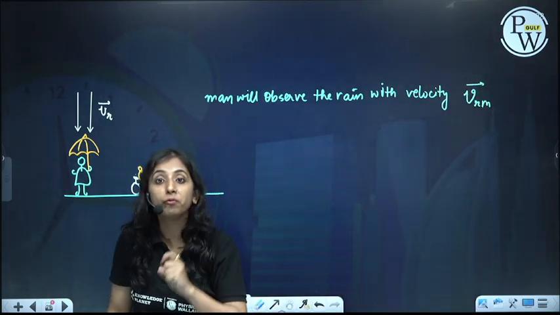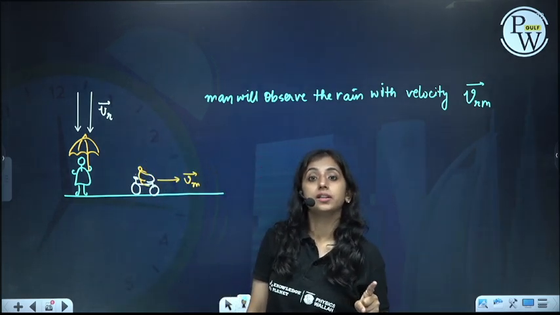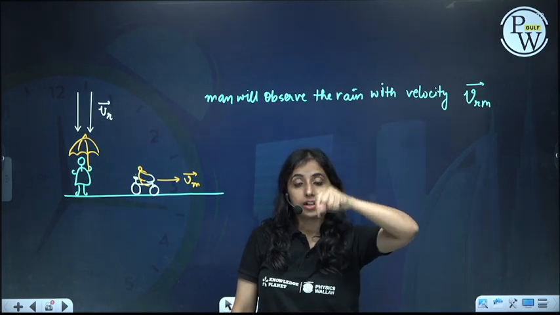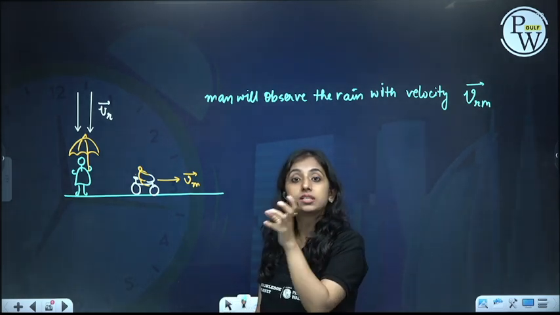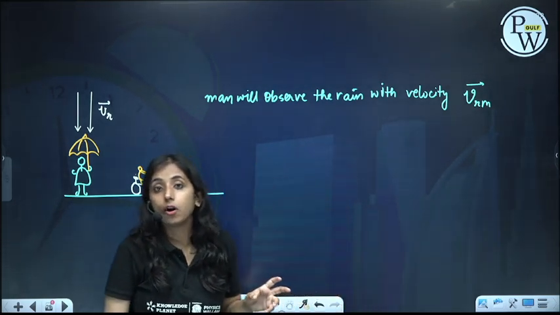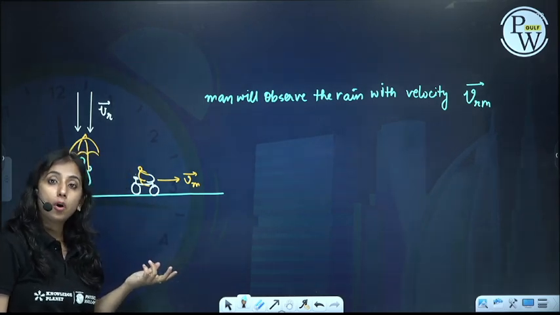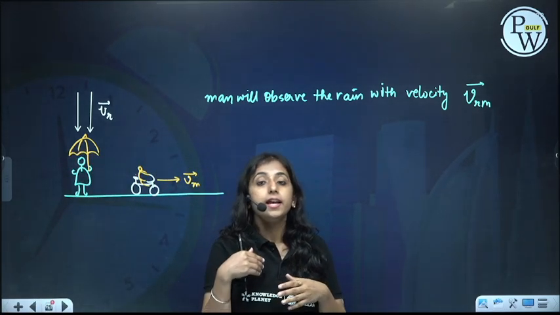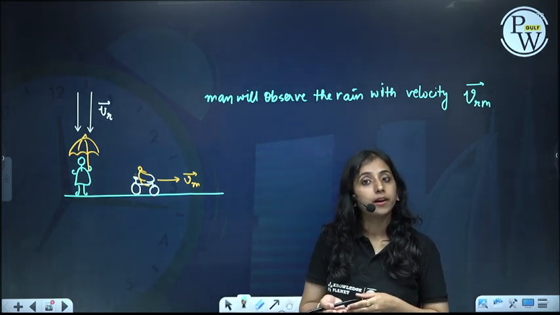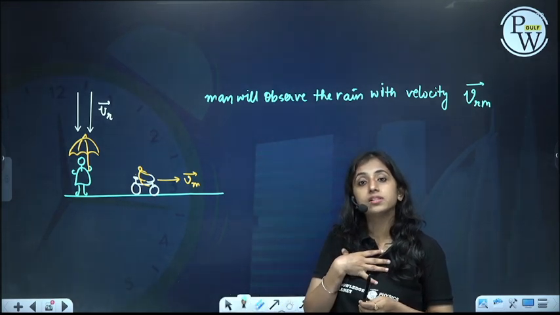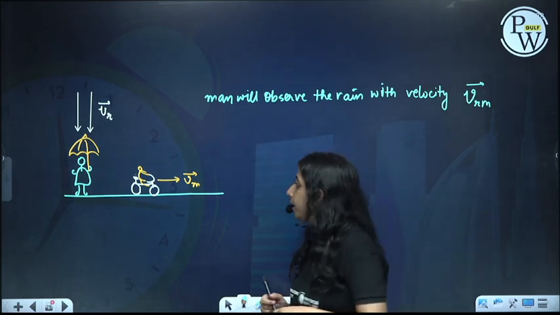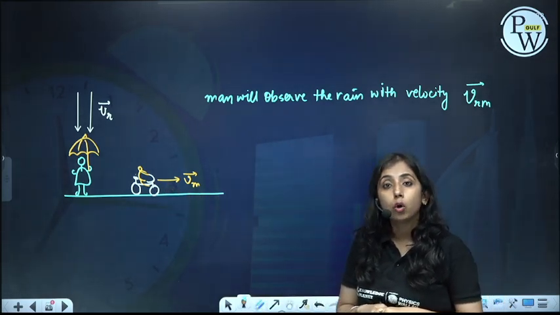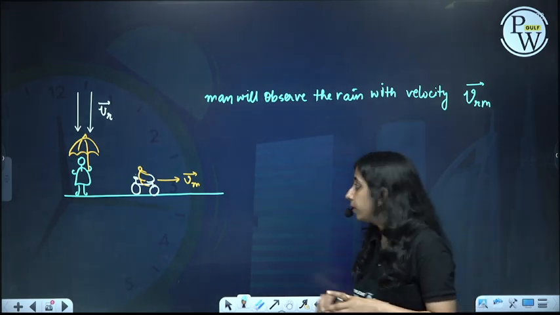Now a moving person is observing the rain, so he will not observe the rain velocity as vertically downwards. He will see it at some angle, because when we have two bodies in motion and one is observing the motion of the other body, then we use the concept of relative velocity. How this man perceives the rain will be equal to velocity of rain with respect to man.